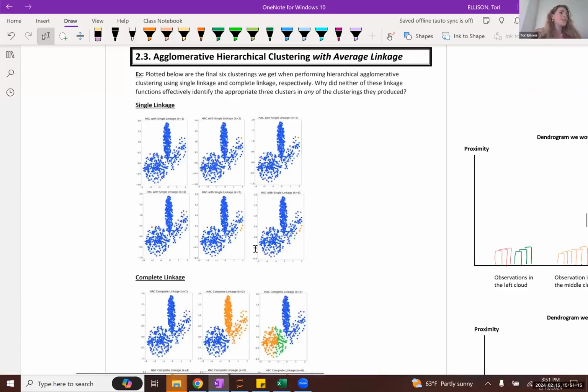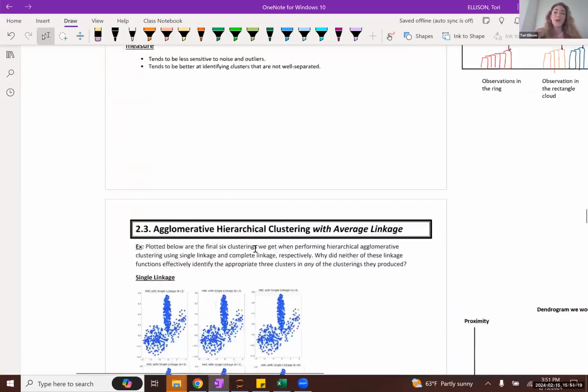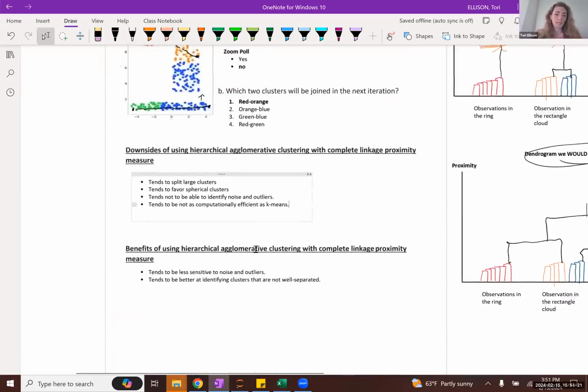So someone's asking, so complete linkage and single linkage suck at outliers and noise. Well, it depends on what your goal is. If your goal is to identify the noise and outliers, then single linkage can help identify them for you. But if your goal is to have these larger clusters identified, and you have noise and outliers in your data set, complete linkage will be more robust to those noise and outliers.